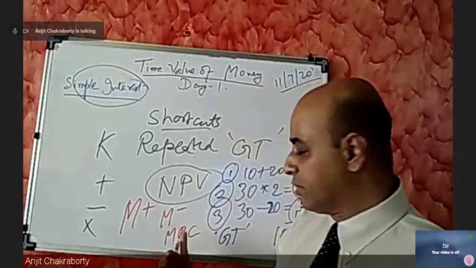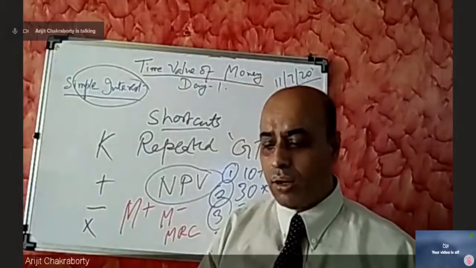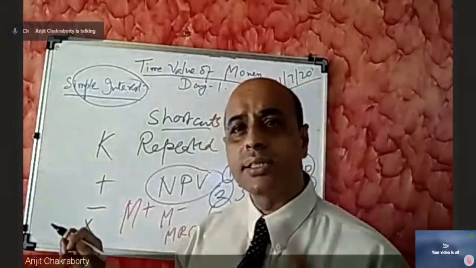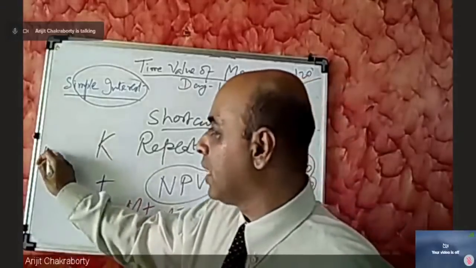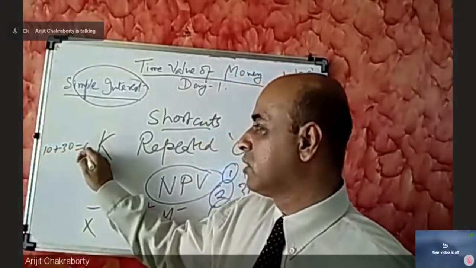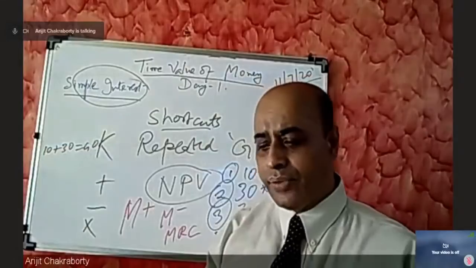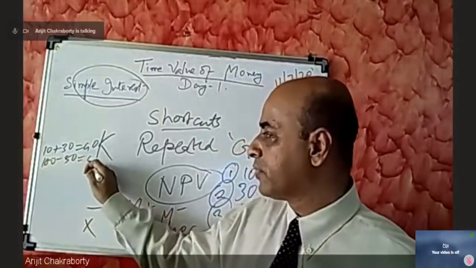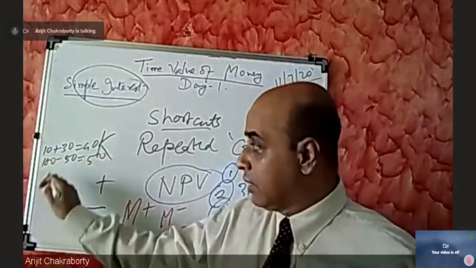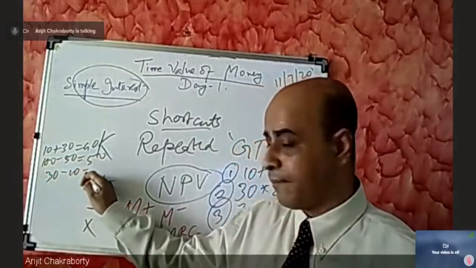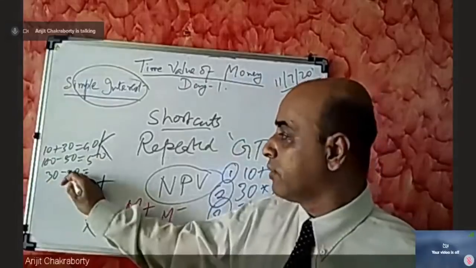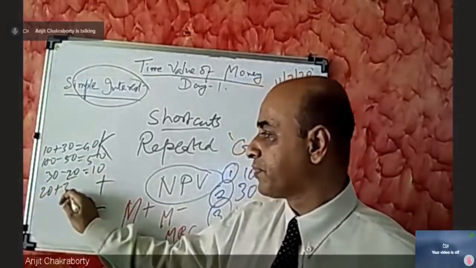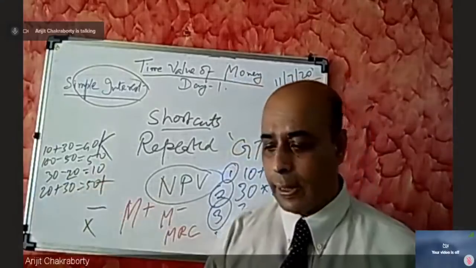Now say you are doing 10 plus 30, which equals 40. Then you are doing 100 minus 50 equals 50. Then 30 minus 20 equal to 10, and 20 plus 30 equal to 50.